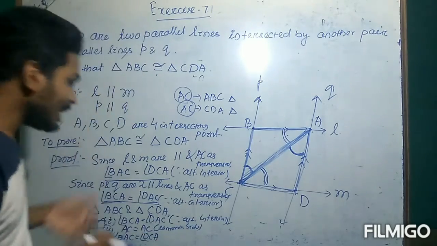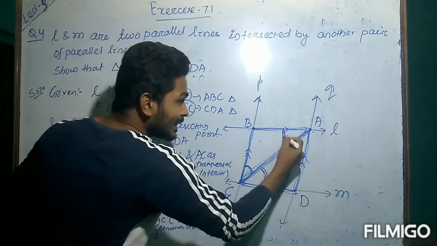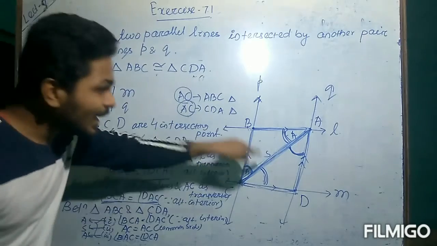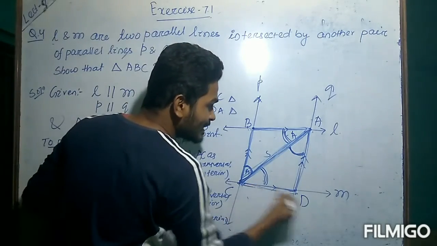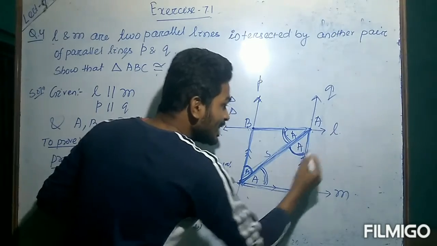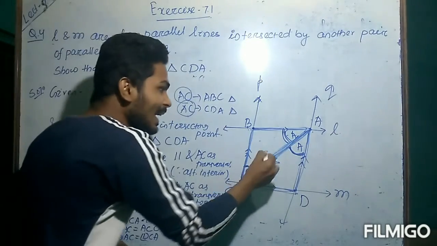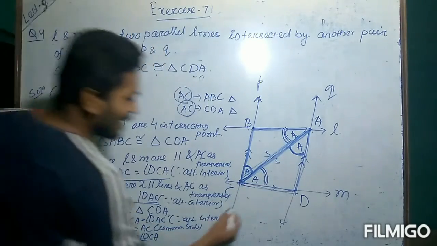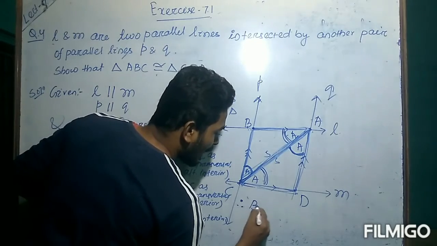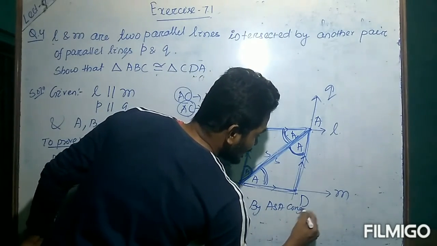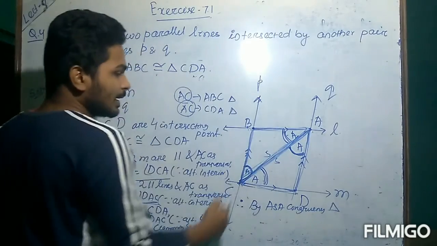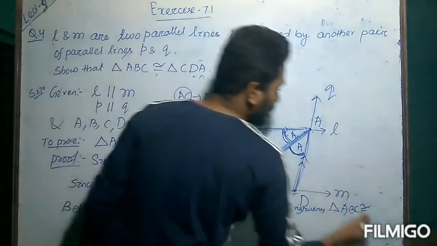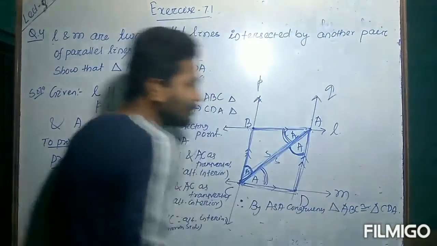So we get that in triangle ABC, this angle, this angle and the included side are equal to this angle, this angle and the included side in triangle CDA. So by ASA congruency, triangle ABC is congruent to triangle CDA. Now it is proved.